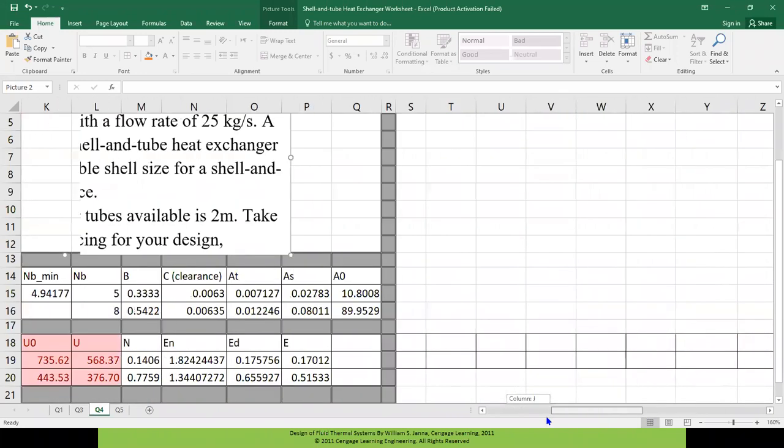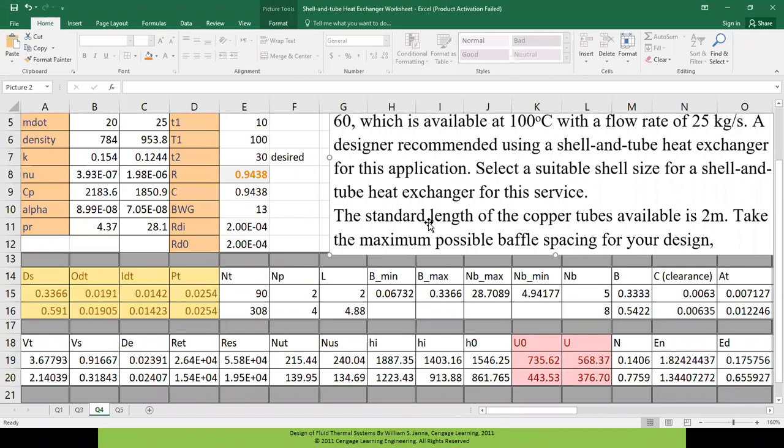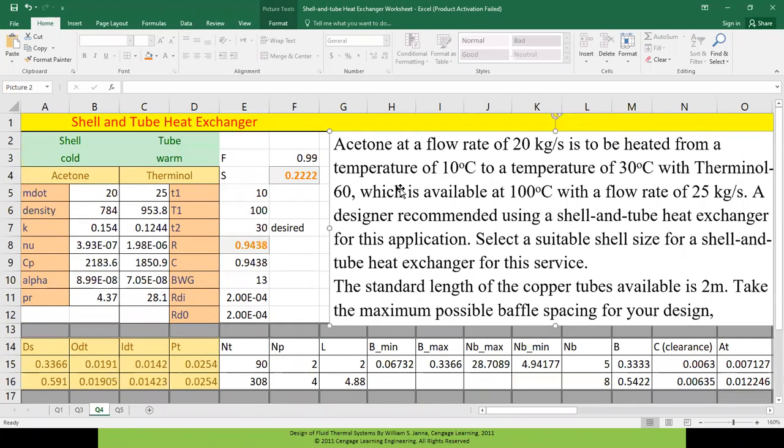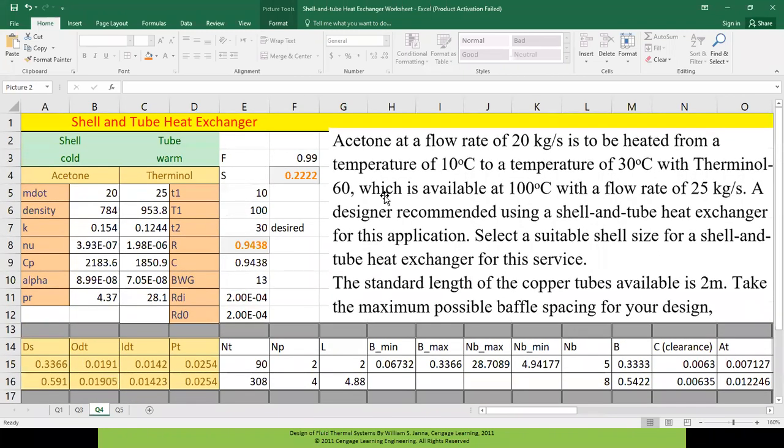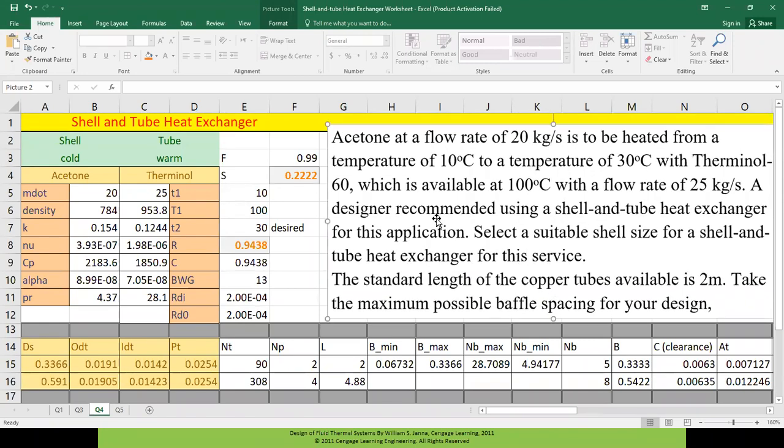Our course is not related to structure analysis, so we are just using the most common values like 13, 14, 15, 16, 17. So we can choose any one, because strength requirement is not mentioned in the problem. So we choose 13 BWG and accordingly we choose the ID. Clear? Okay.